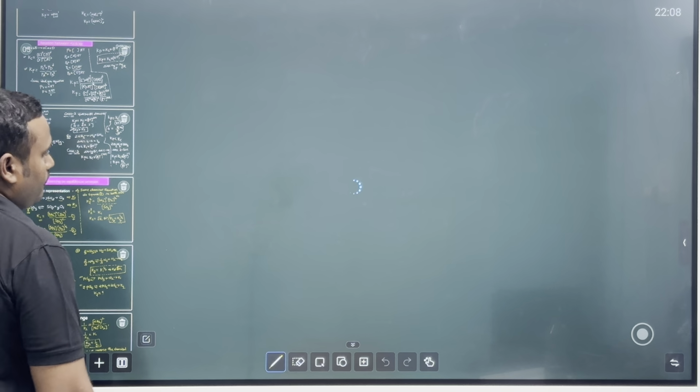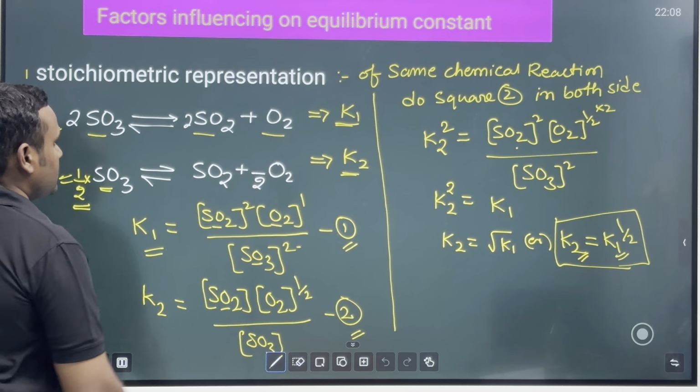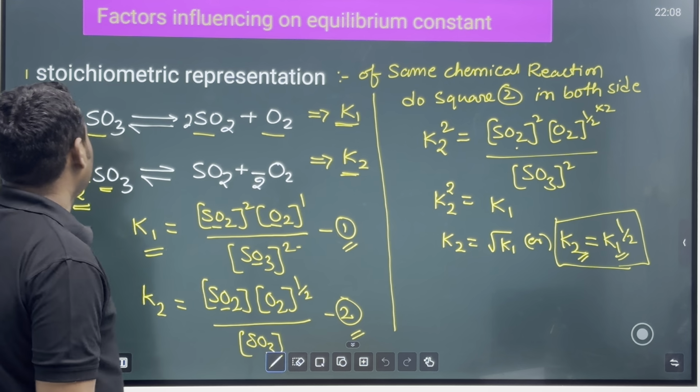Okay, factors. Let us have some quick recap here. What are the factors influencing on the equilibrium constant?